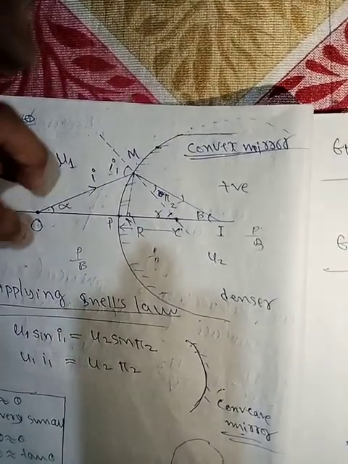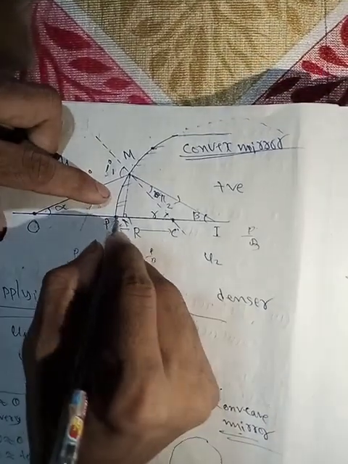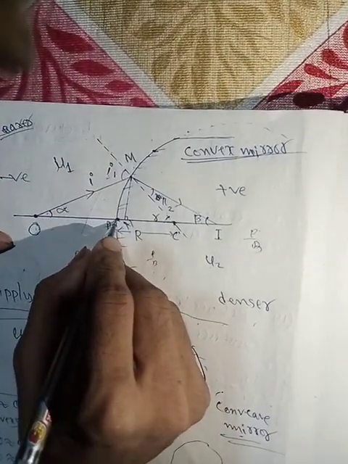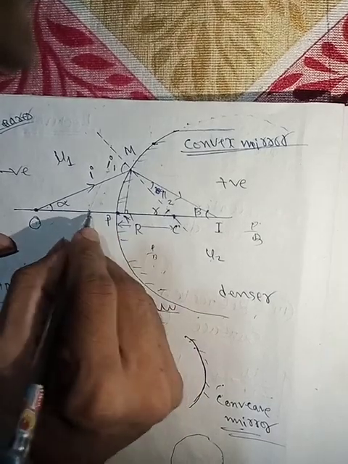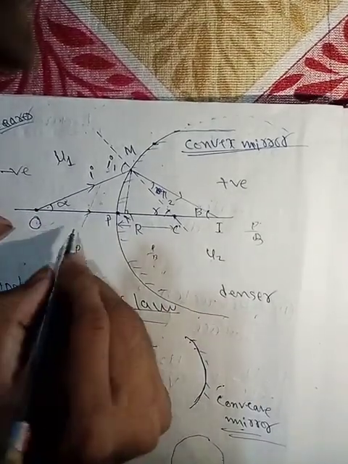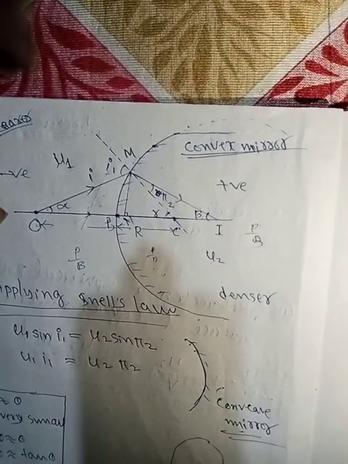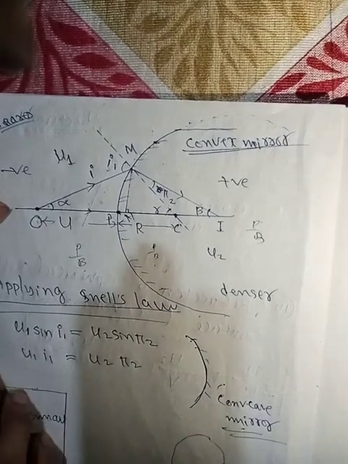OP is the distance. You need to measure all values from the pole, from here to there. This is called the object distance.